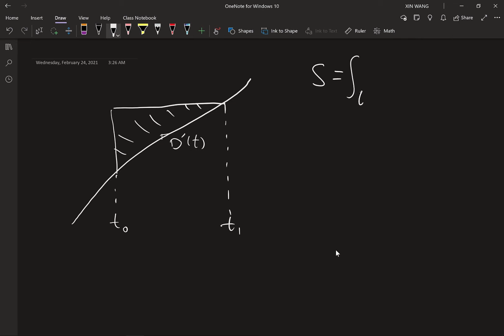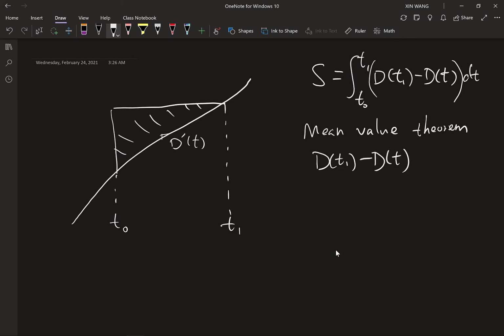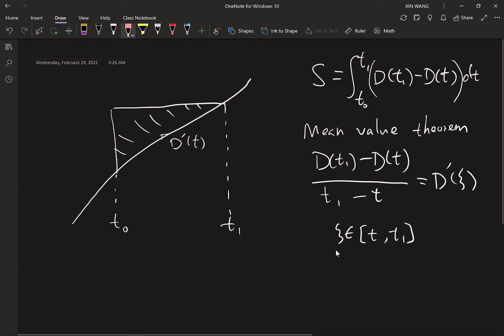We can have T0 to T1 and then integral on T1 minus t dt. So if you are familiar with the mean value theorem, a function can be estimated by this form. So that means we can always find some point in the middle which the gradient can estimate the gradient from any value t to T1.